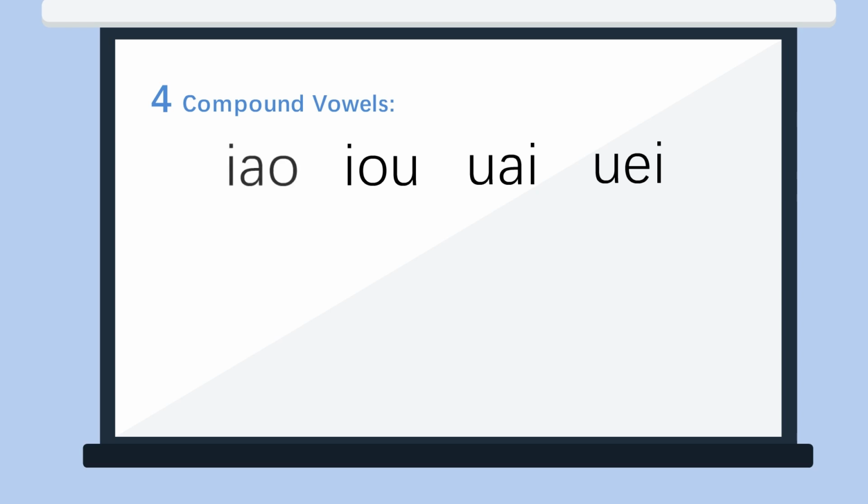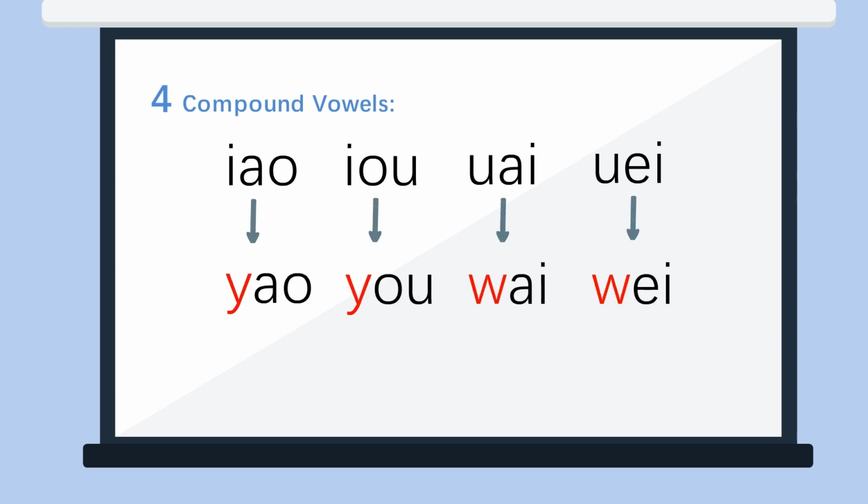Yao, you, yi, wei. And when these 4 compound vowels stand for syllables by themselves, they will be written like this, changing I into Y and changing U into W respectively.